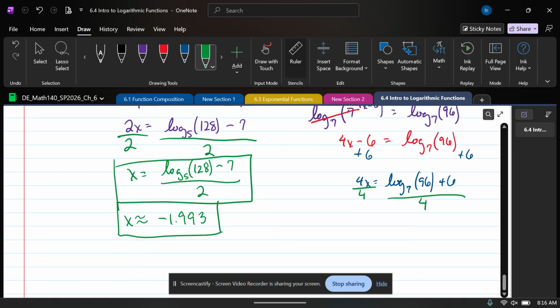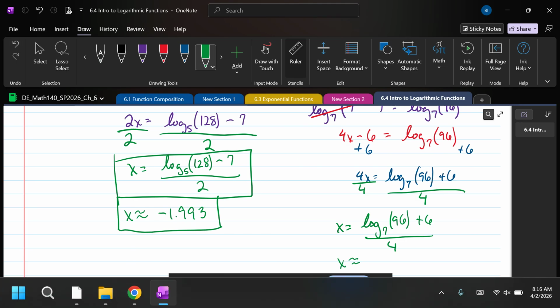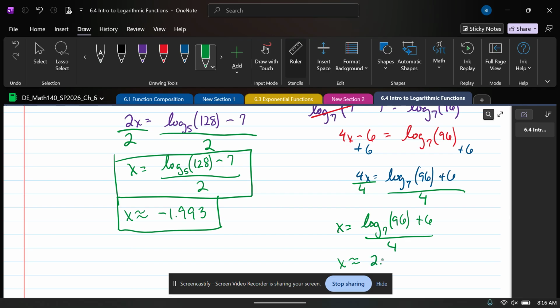And so there's our exact solution: log base 7 of 96 plus 6, over 4. And I'm going to get the decimal approximation for that, to 3 decimal places.